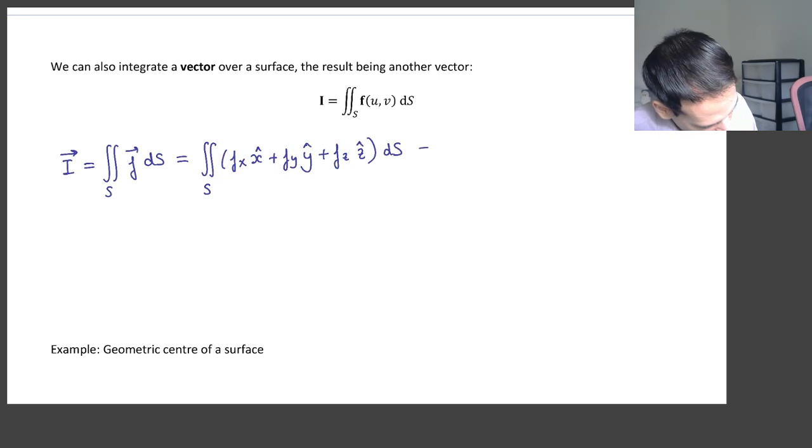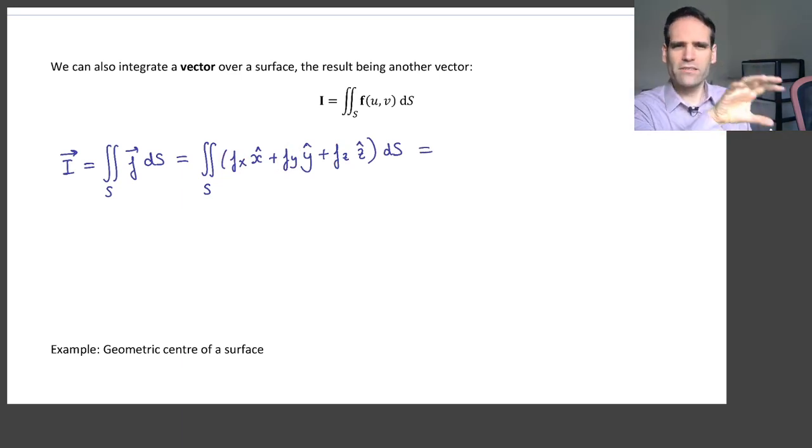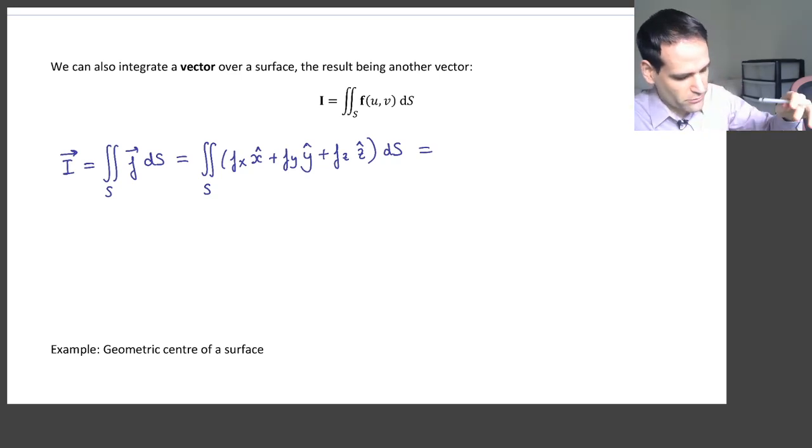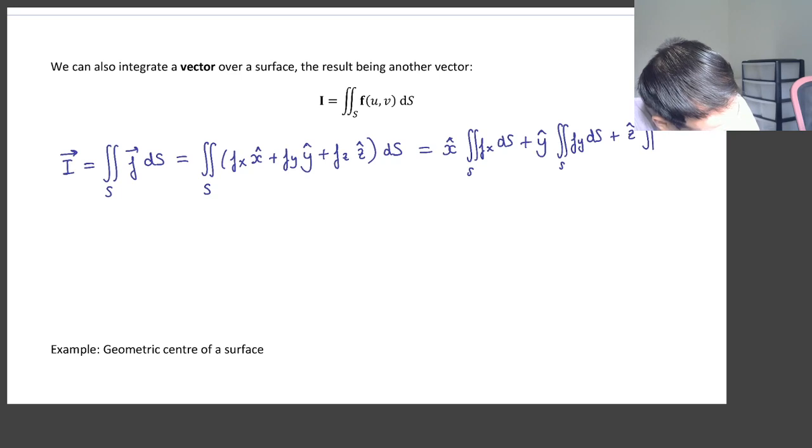And so now you can use the linearity of the integration to get the constant basis vectors outside and split the integral into 3 parts. So you get x hat times the integration of fx dS plus y hat times the integration of fy dS plus z hat times the integration of fz dS.